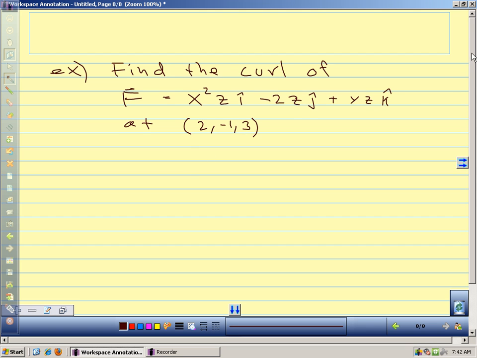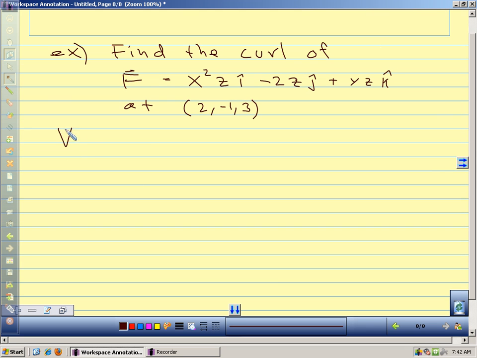To find our curl, we're going to set up our determinant. Our curl is del cross F, and that is the determinant of the components of our del operator and our vector.